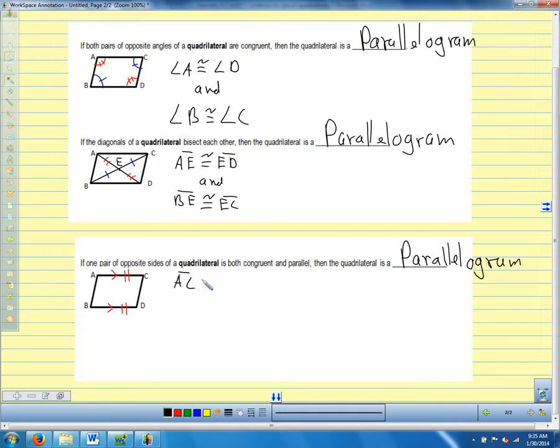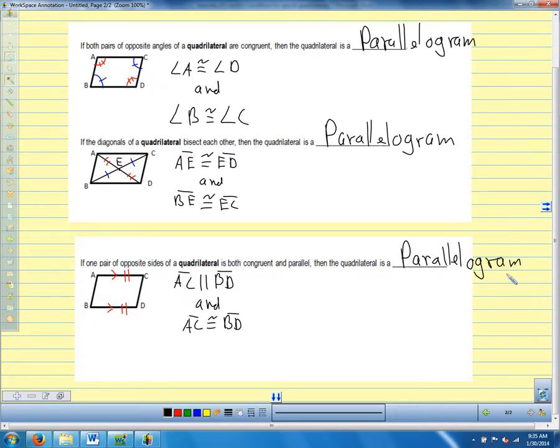And in symbols we'd say segment AC is parallel to segment BD, and segment AC is congruent to segment BD. Yeah, it could be either pair of sides. I just picked those two. So this is enough to guarantee that our quadrilateral is a parallelogram.